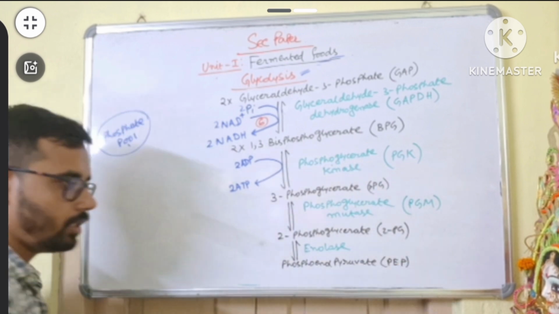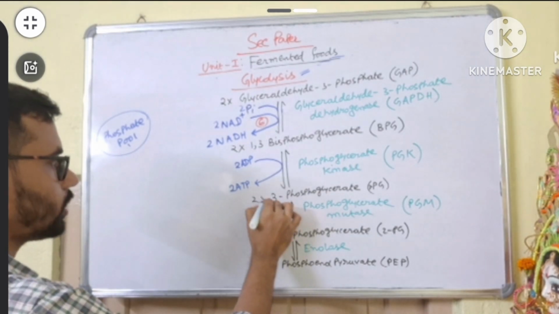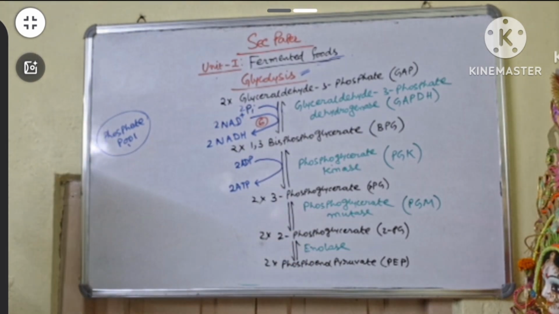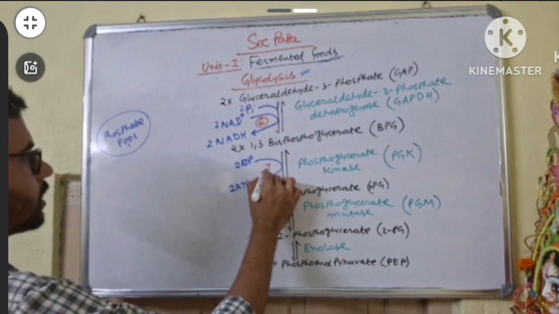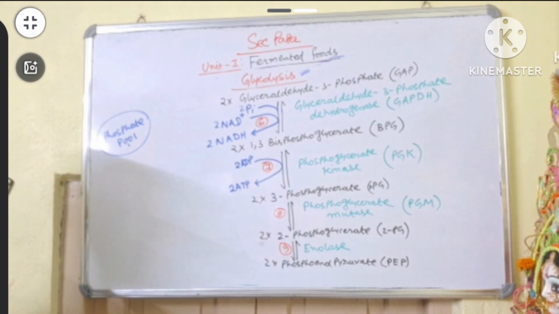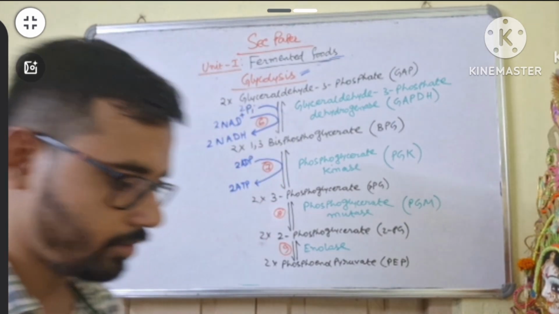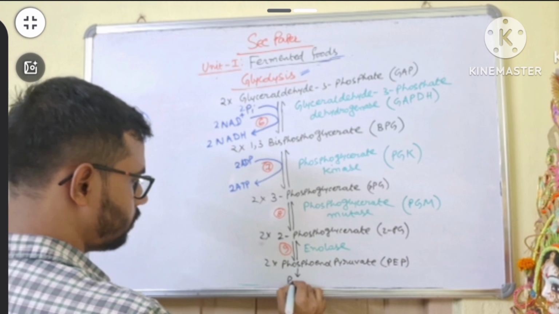All are in two molecules, 2x. Then reaction number 7, 8, 9, and the last reaction step where PEP is converted into pyruvate.